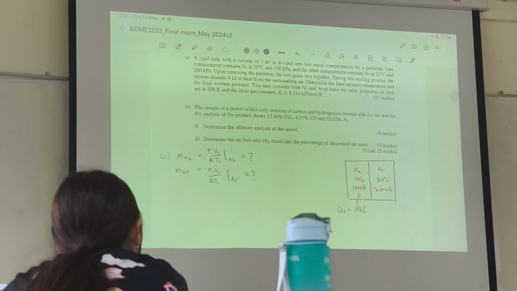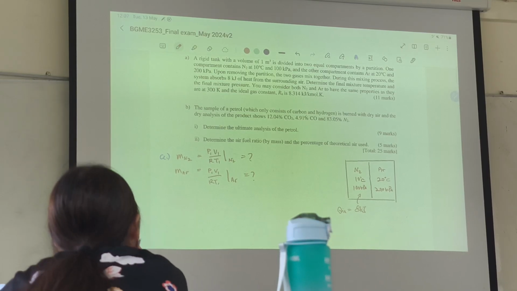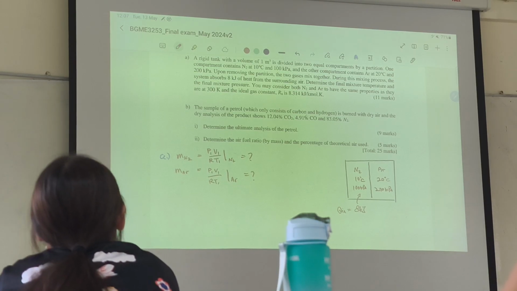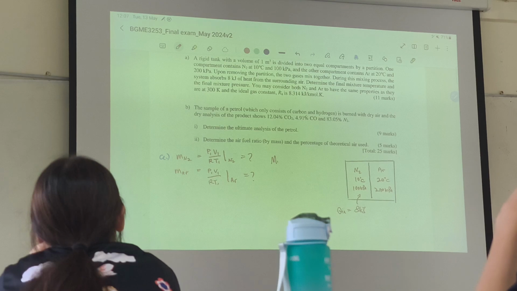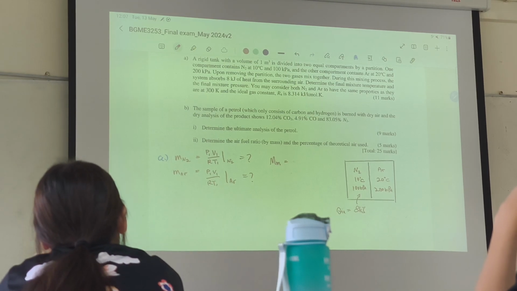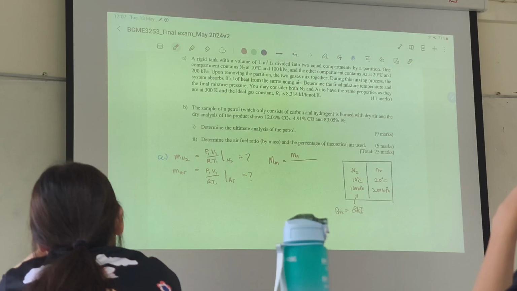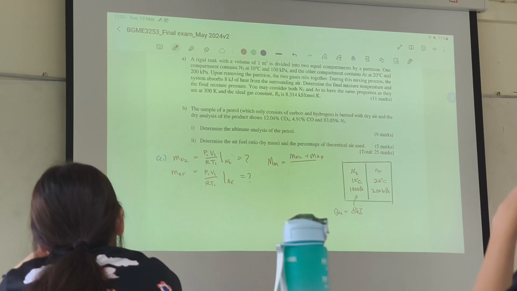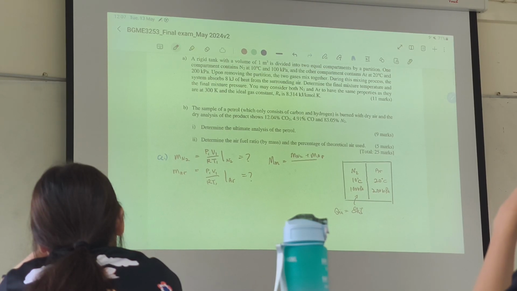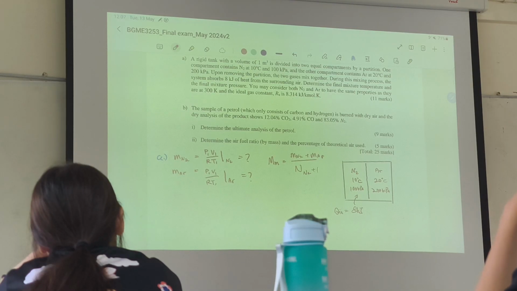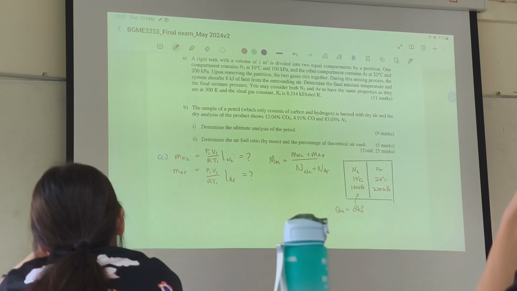You want the parabola mass? How long? You can do that also. Here I didn't do that, but you can get MM from here, because this will be N2 plus MAR over the total N, right? So meaning you still need to find the N if you do this.